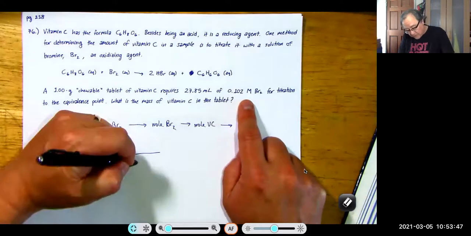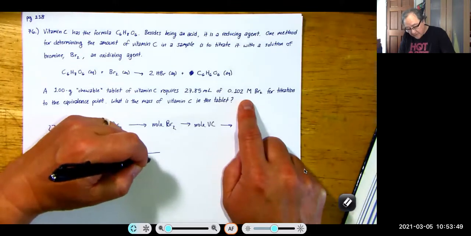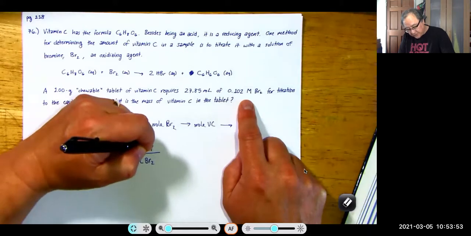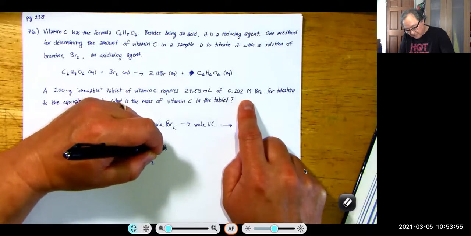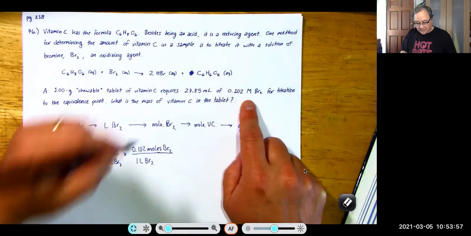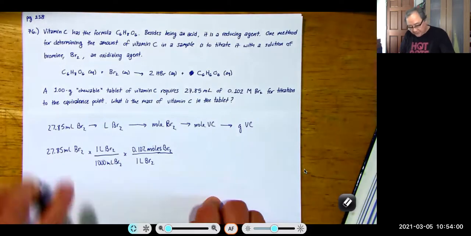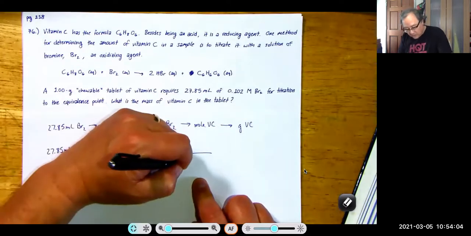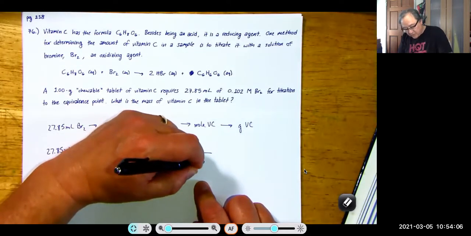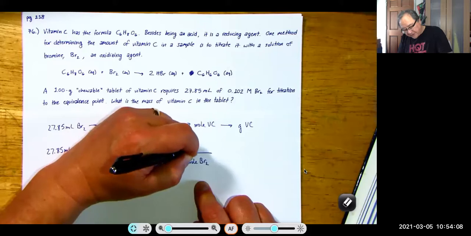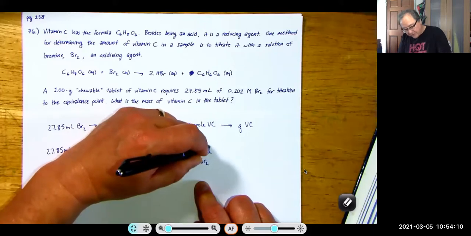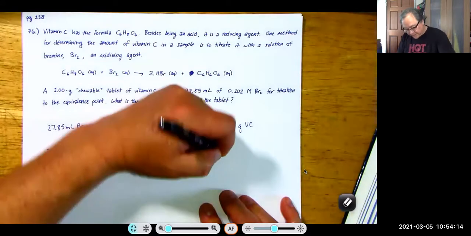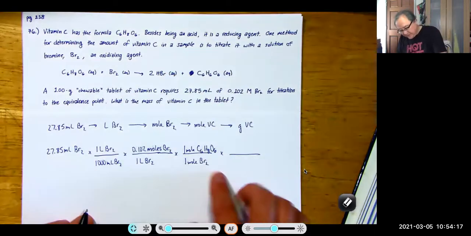So I'm going to put the 1 liter of bromine on the bottom and the 0.102 moles of bromine on top. And then we need the mole ratio. Here we've got 1 mole of bromine to 1 mole of vitamin C, which is C6H8O6. And then we need the molar mass of vitamin C.